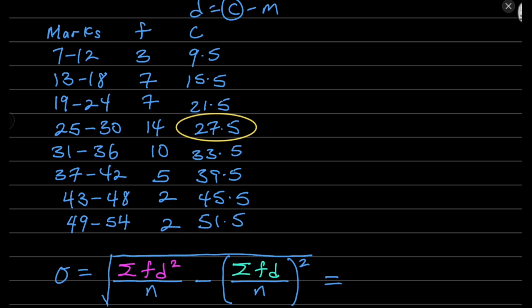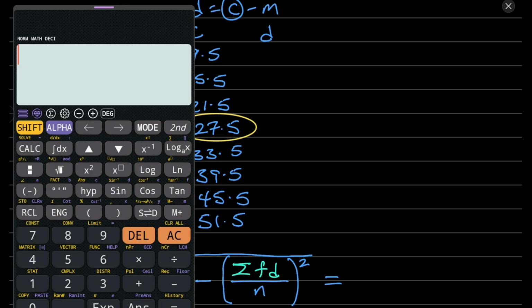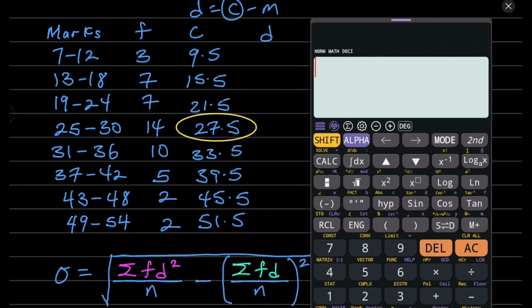So I can create my D column. D would mean C minus your assumed mean, and my assumed mean is the circled value there. I can just use my calculator and compute directly.